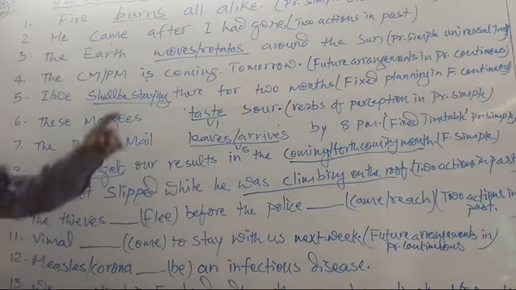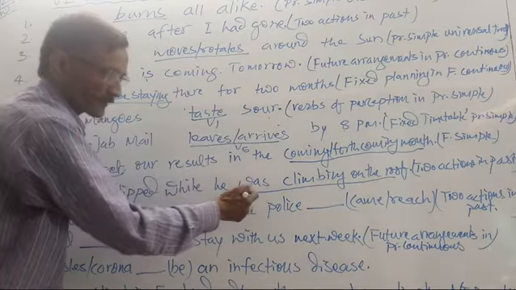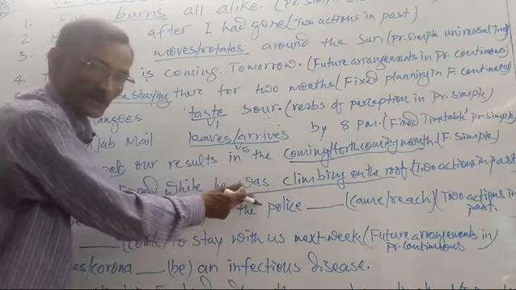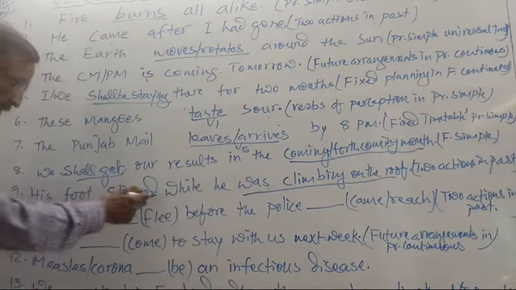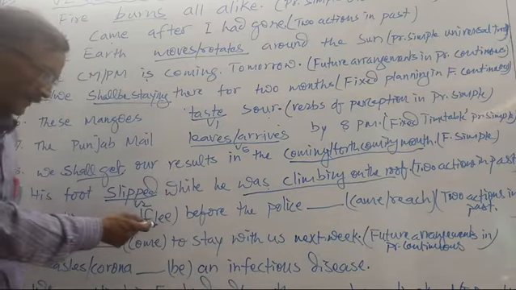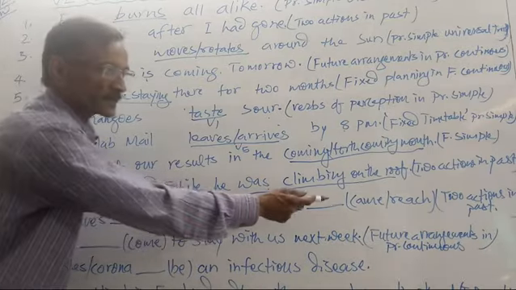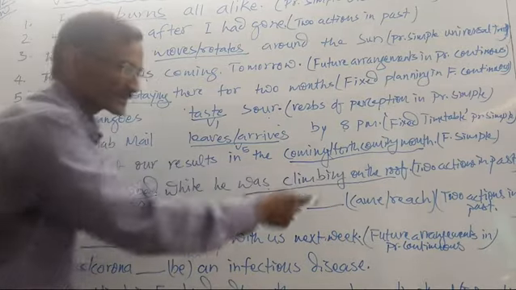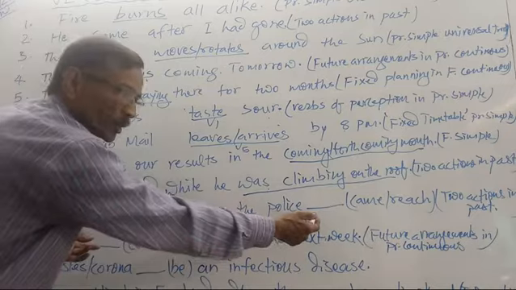So the longer action is well represented in past continuous, and for the new action we have to supply the V2 form. Like again the second sentence, the thieves dash flee before the police dash came or reached. Two actions in past, and we have to supply both verbs here.